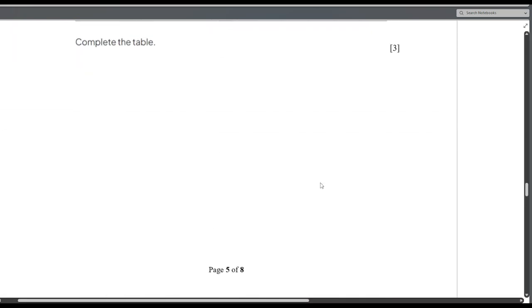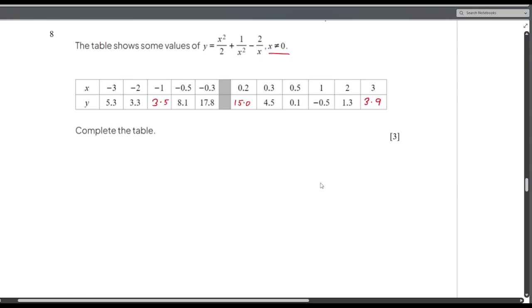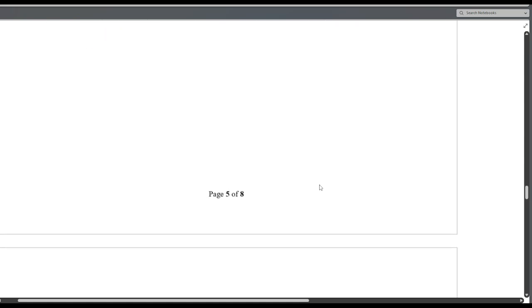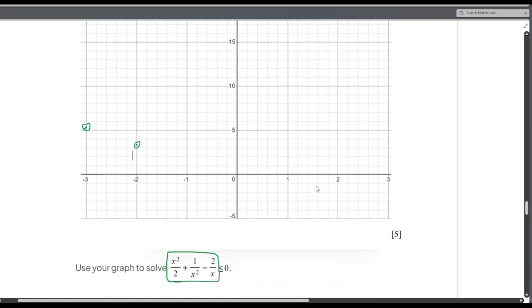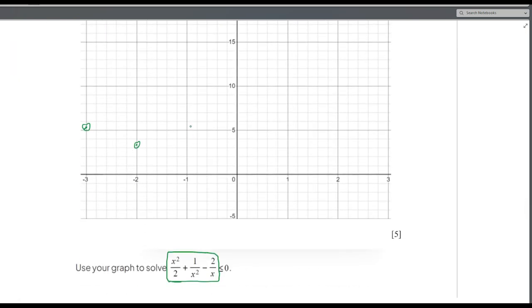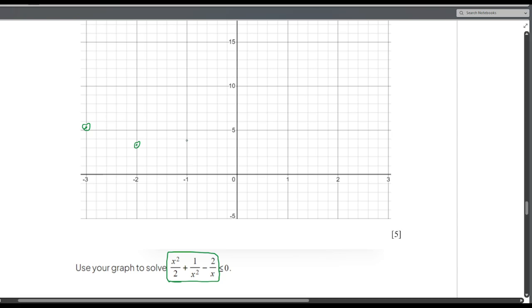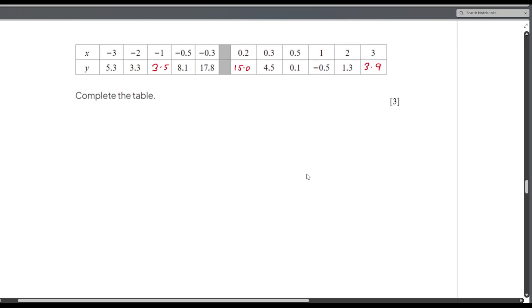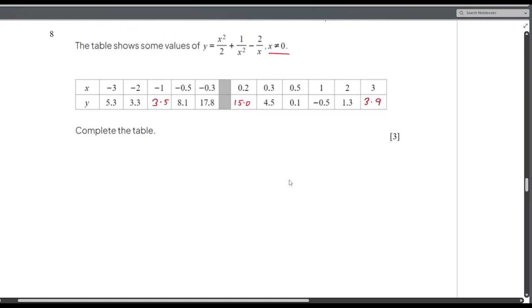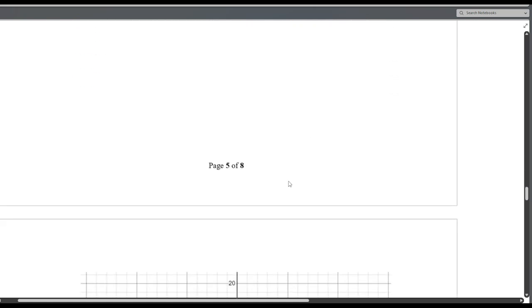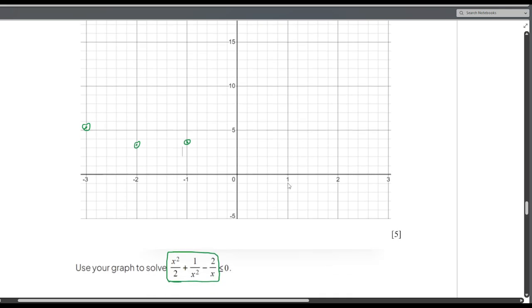After 3.3, for minus 1 it is 3.5, and 3.5 will be somewhere here in between.